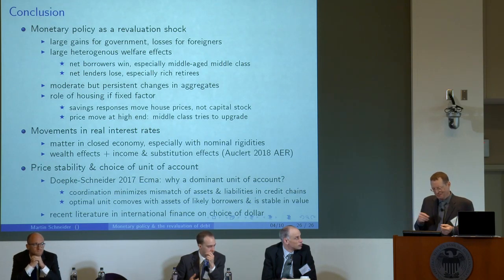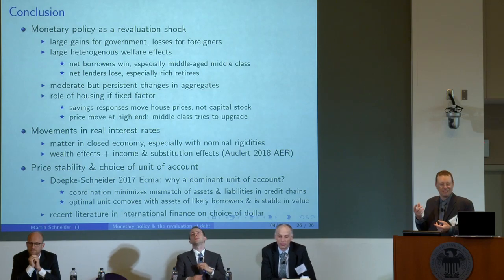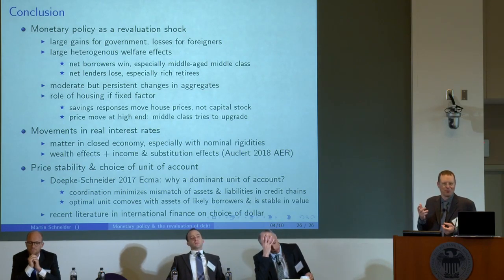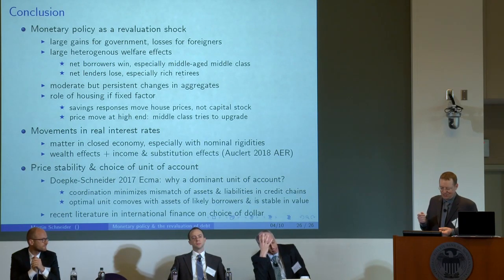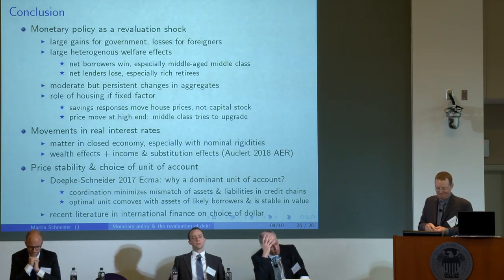The second takeaway from that is that if the unit of account is not stable in value, people are not going to use it. So if governments do two erratic things, then their unit of account is not going to qualify. And there's an interesting emerging literature now in international finance on the choice of the dollar as a unit of account in international contracts that talks about this in more detail.